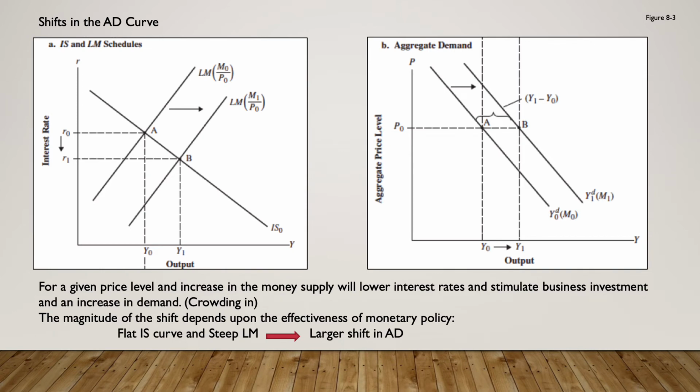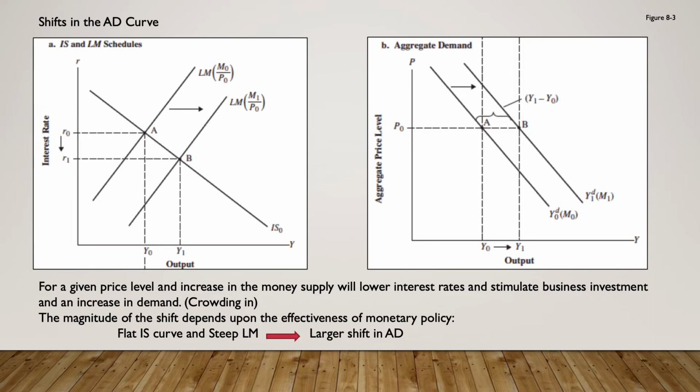If you remember your money market, at point A you had an equilibrium between money supply and money demand. Money supply increased, which gives us excess money supply. We've got to bring money demand up to the new higher money supply, and we achieve that through falling interest rates and rising income. As the interest rate declines, we start seeing an increase in investment and then multiplier effects on consumption, moving towards point B at interest rate R1 and Y1.